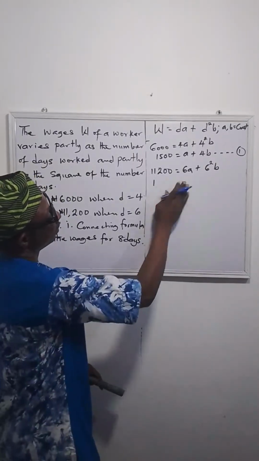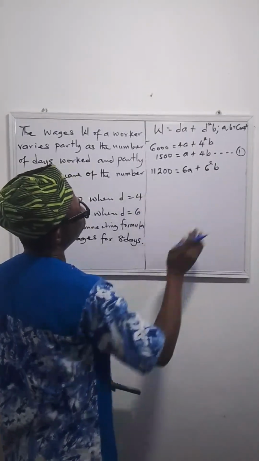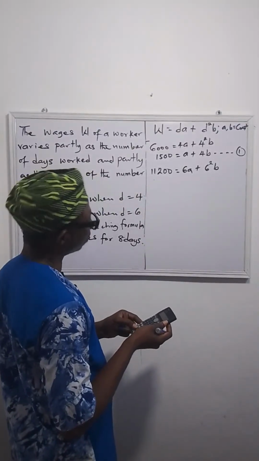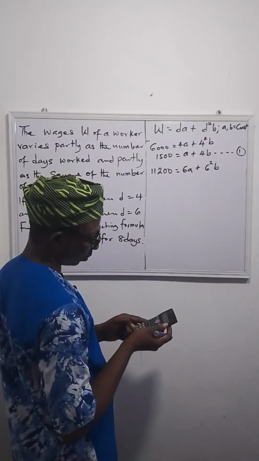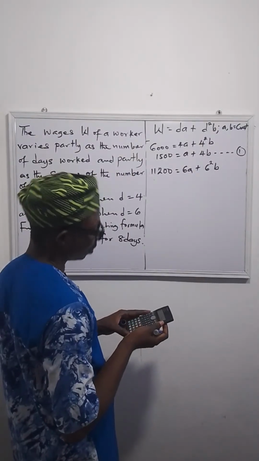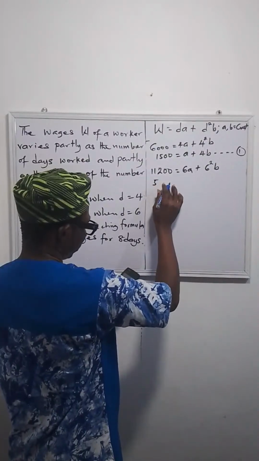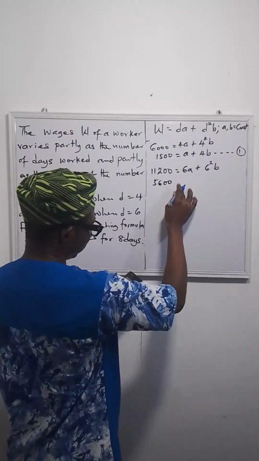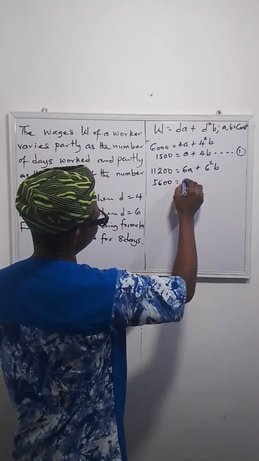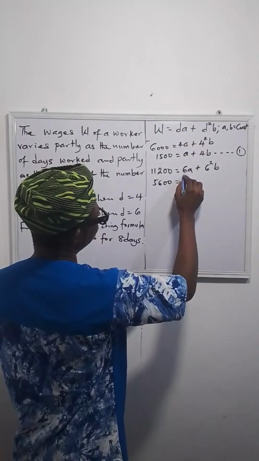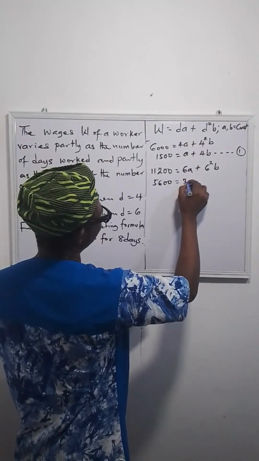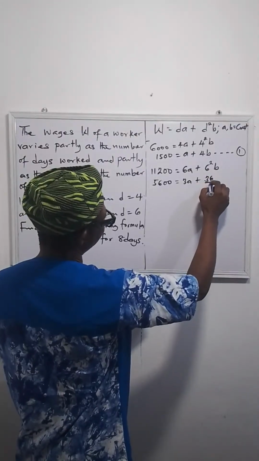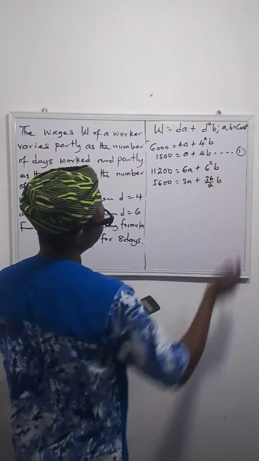Okay, so now let's leave it this way, or we just divide through by 2. Now let's divide by 2. 11,200 divided by 2. Okay, so we have 5,600 equals 3A plus, now we have 36 over 2B.